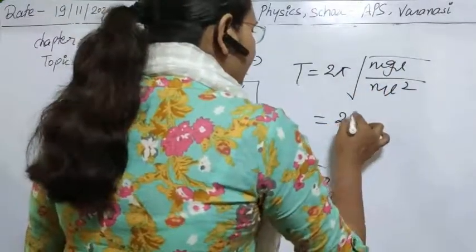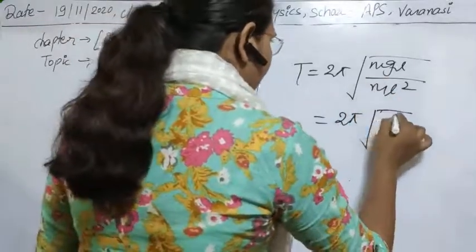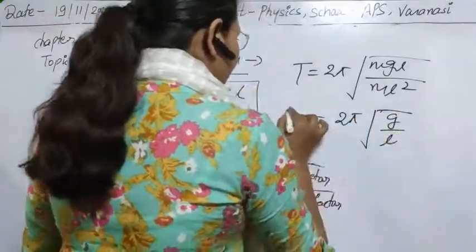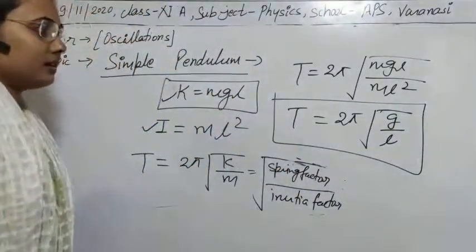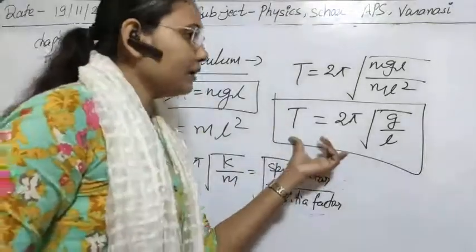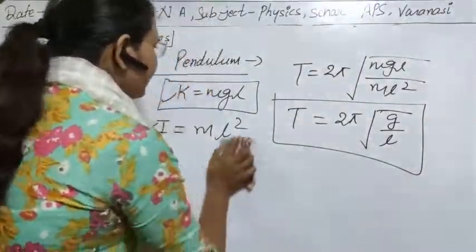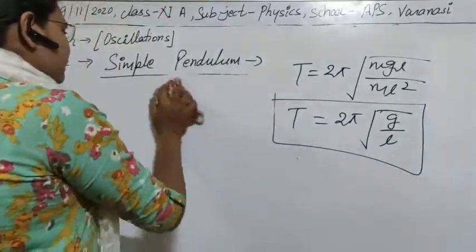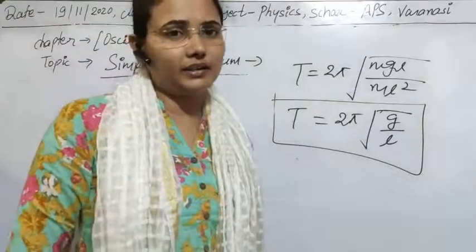After solving this, you can understand easily that the value obtained is l by g. So this is the time period of the simple harmonic oscillator. We can easily calculate it with the help of only the spring factor and inertia factor of the body.